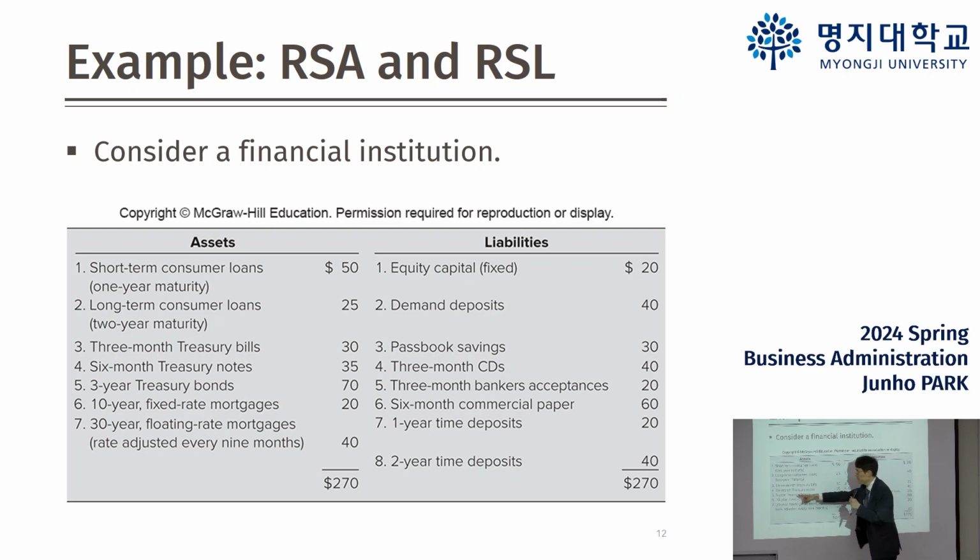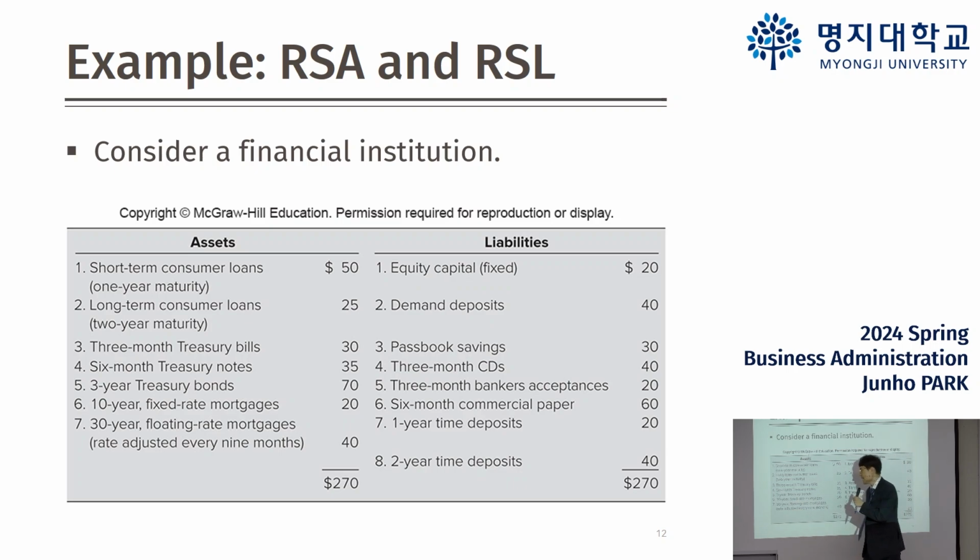Number 5, 3-year treasury bonds. We do not include it. This has maturity of 3 years. So for the upcoming 3 years, we don't have to worry because it will provide us the same interest for the 3 years. So we are not going to be affected by the changing interest rate due to this. So we are going to exclude number 5. So at this moment, we excluded number 2 and we excluded number 5. And let's move on.